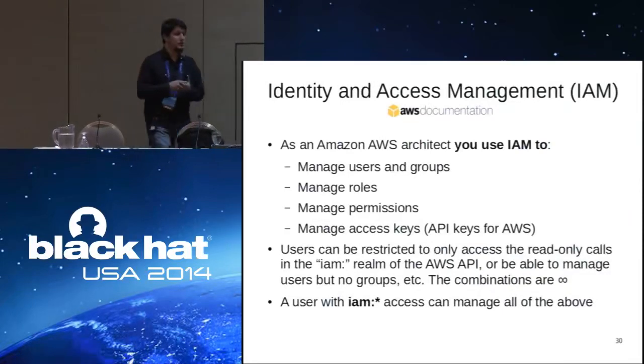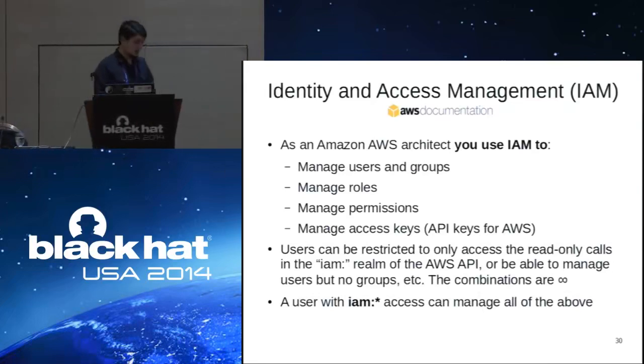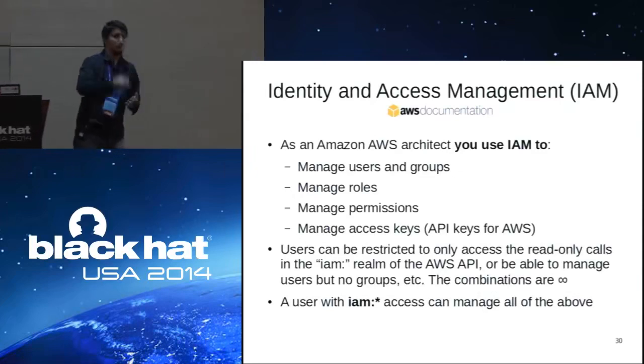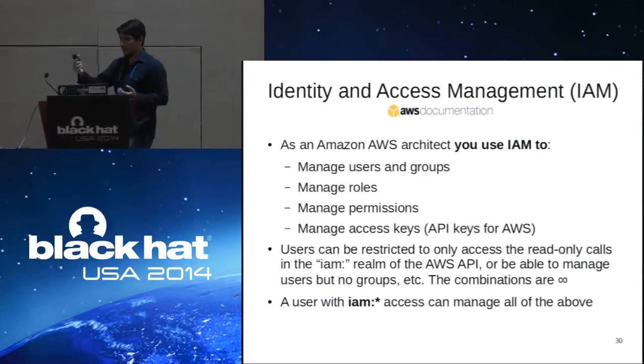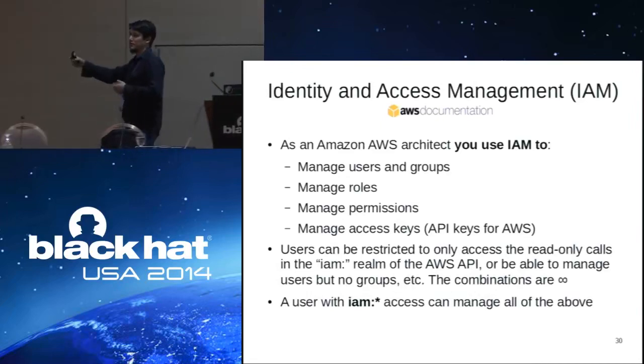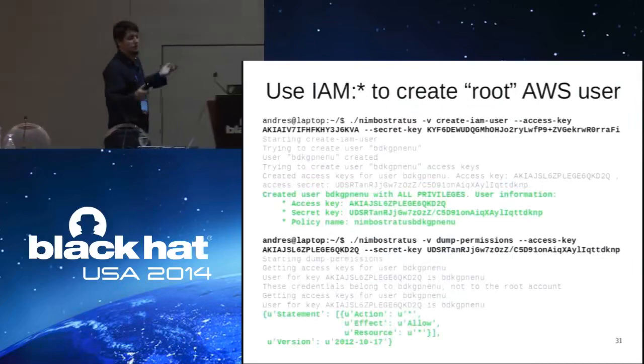And that's actually interesting, because if we have that access, we can create a different user and assign any permissions to that new user. So let's do it. Why not?